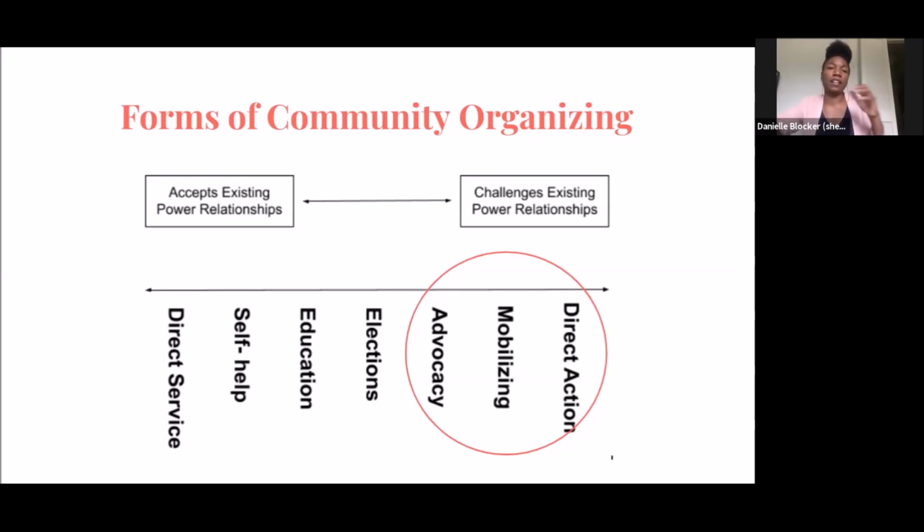It's particularly because what we'll be talking about today is more types of organizing that challenge existing power relationships, right? And so having a soup kitchen is super important because it provides for people's immediate needs. And none of these forms of organizing are better or worse than the other. But as movement organizing, we are looking at, okay, how do we change the systems that cause these problems, right? And so it'll be mostly this.